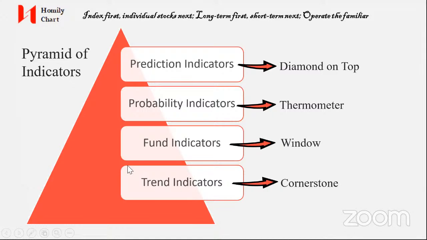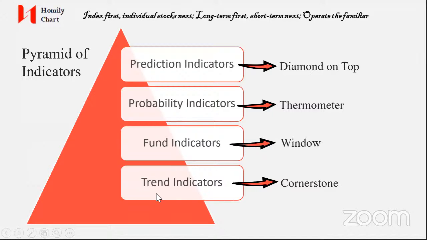Then apart from trend indicators, we have the fund indicators. So trend plus fund, these two are the basic and they are the 80%, which you only have to spend 20% of energy to master, but you can solve 80% of all your trading problems. Okay, so these two are the most important. They are the basic, they are the foundation here.